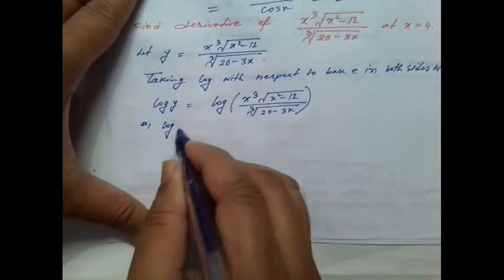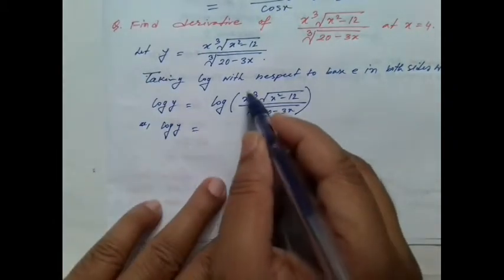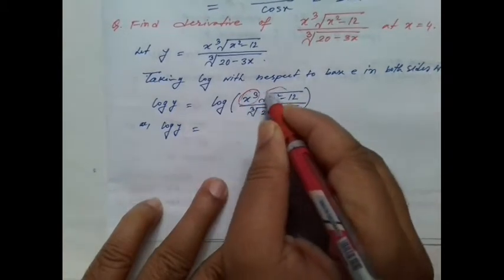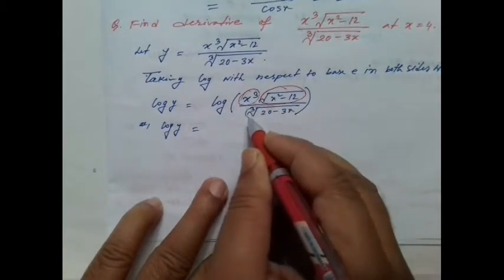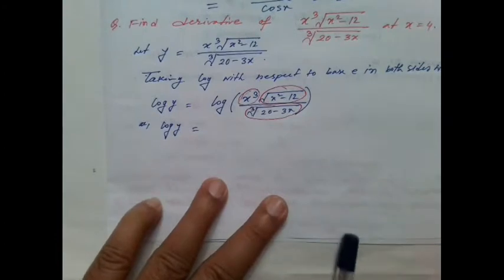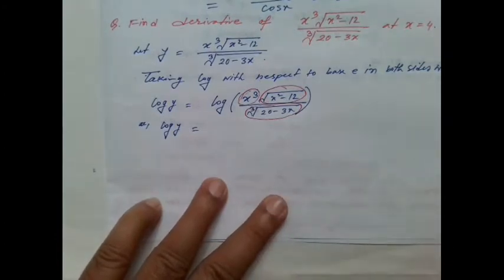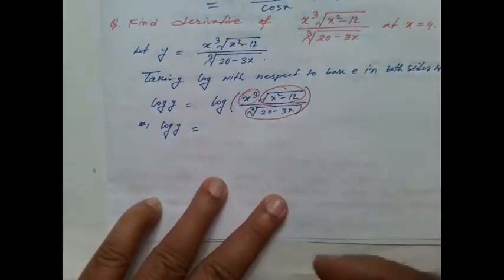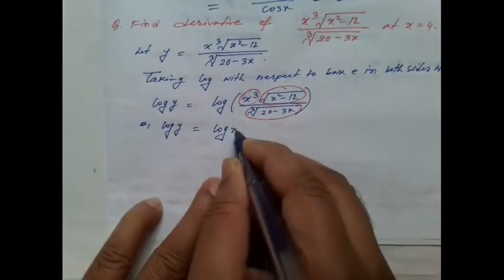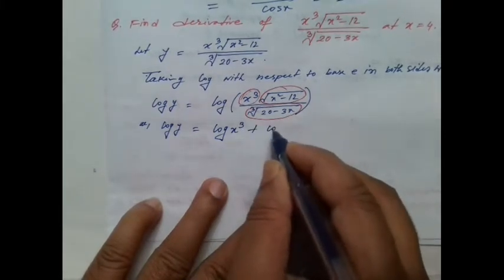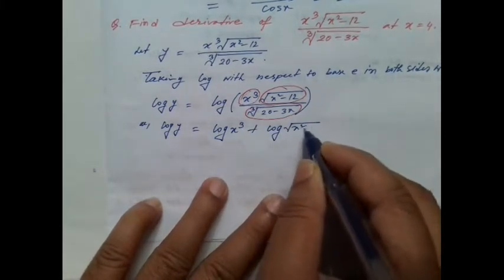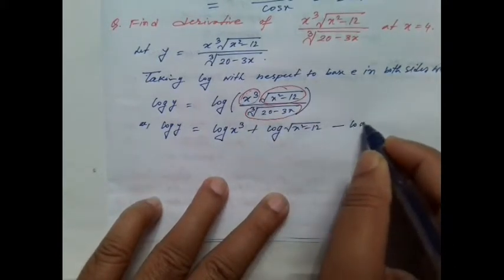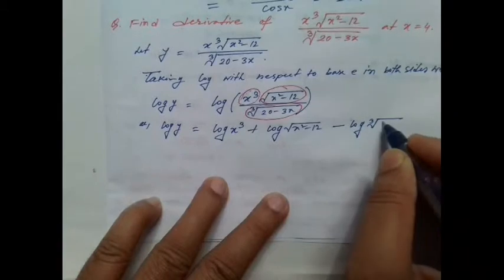Here we can think that this one is m, this one is n, and this one is our p. Okay, log of m n by p. So if we have log of m n by p, that time we can write it as log m plus log n, and as we have p in the denominator, so minus log p.